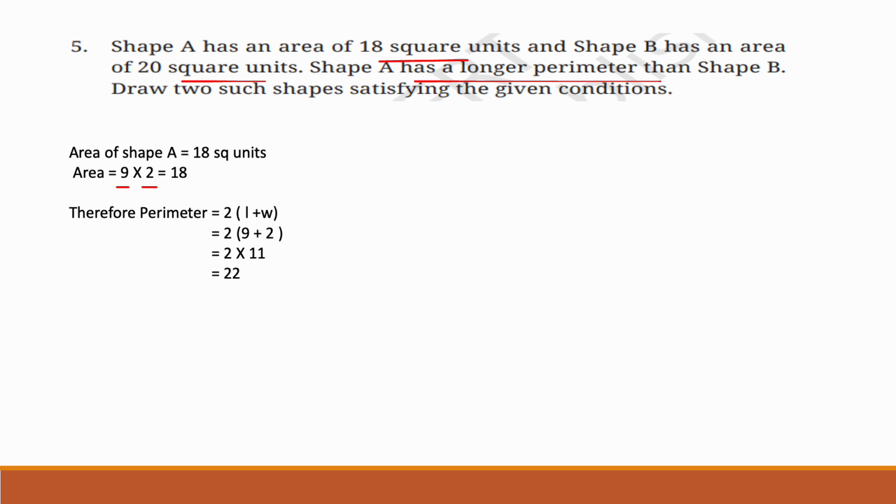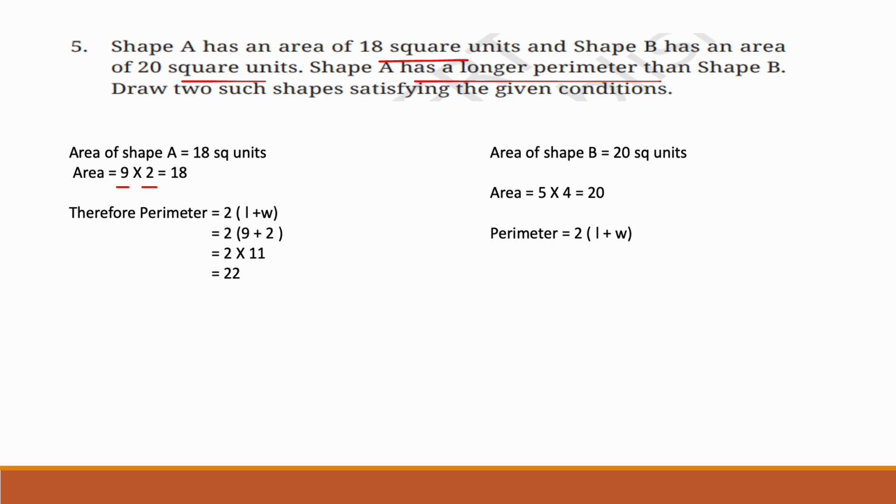Okay. Then what is the area of shape B? 20 square units. Here we have to select dimensions in such a way that its perimeter is less than the perimeter of shape A. So we can select dimensions as length is equal to 5 and breadth is equal to 4. So area is equal to 5 into 4, that is 20.